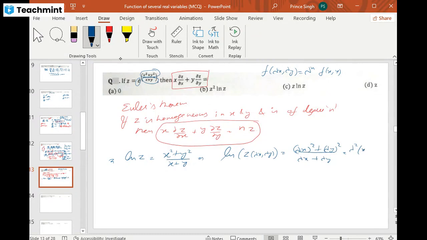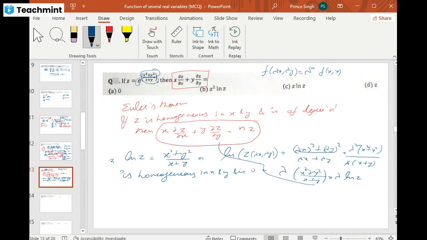Lambda square is common from the numerator and lambda is common from the denominator, so one power gets cancelled out, and we are left with lambda times x square plus y square upon x plus y, that is lambda times log of z. So logarithmic z is a homogeneous function in x and y and is of degree 1.